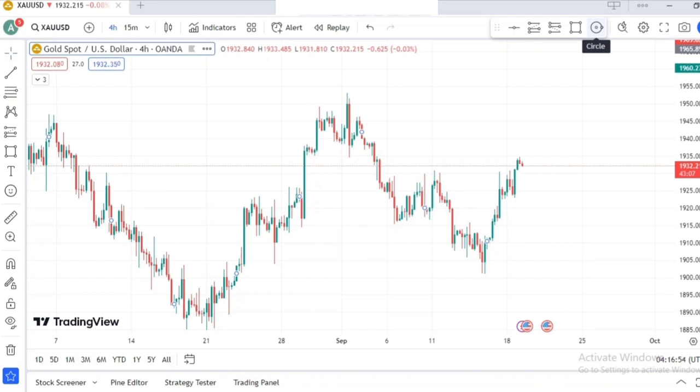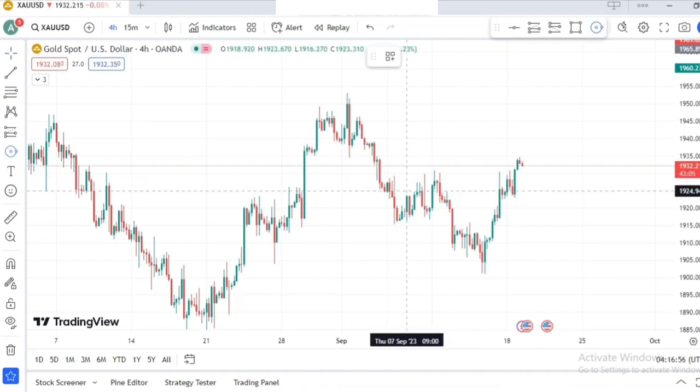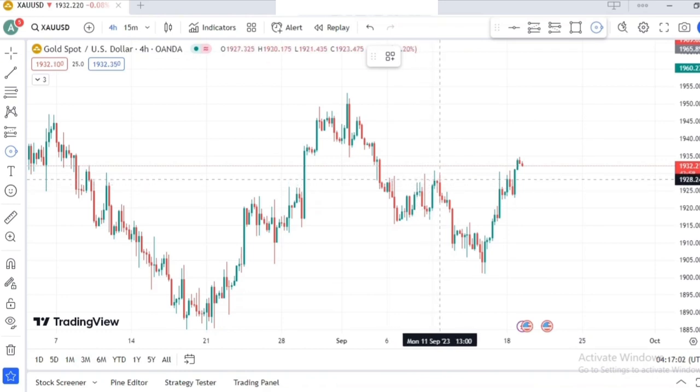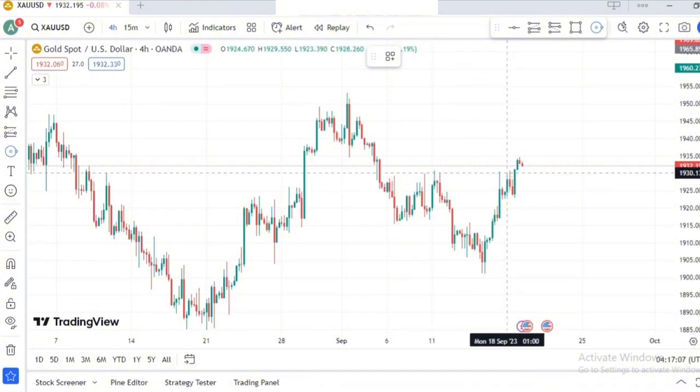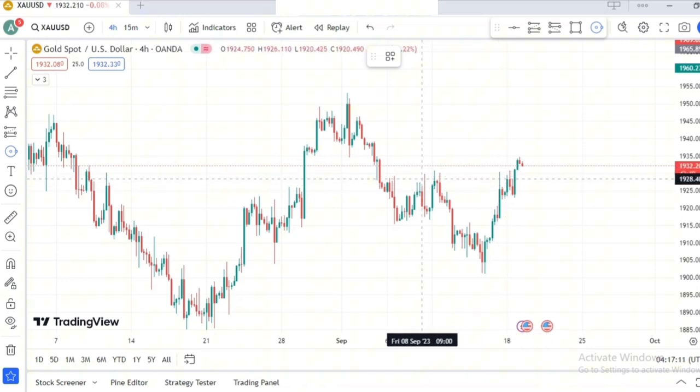So here is one of the levels the market has previously respected. Here is another 4-hour level which the market has respected. You see that the market came here the third time, and it respected this level. So let's mark out these 3 levels.